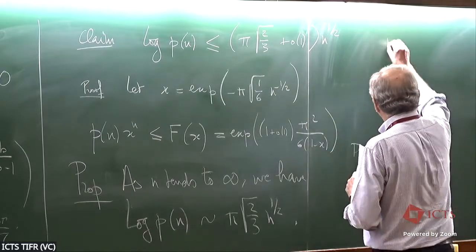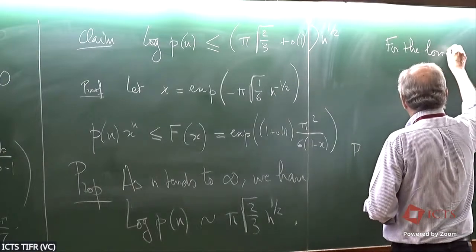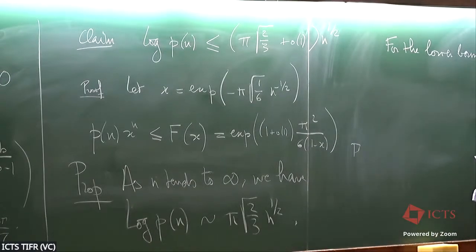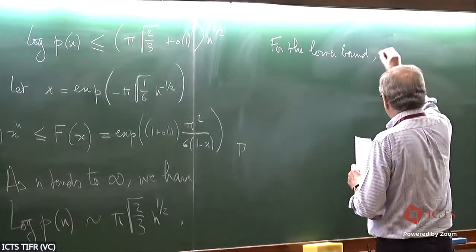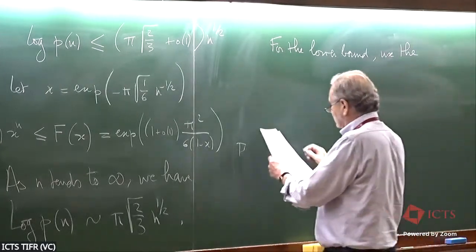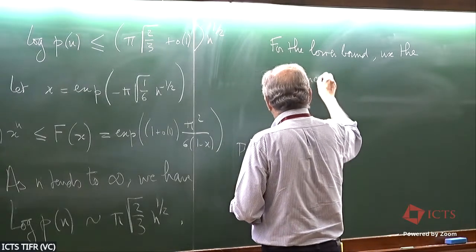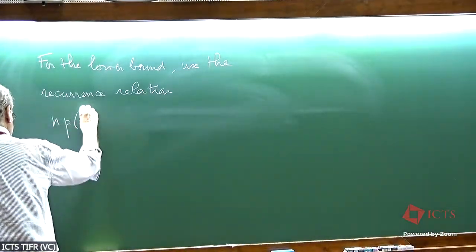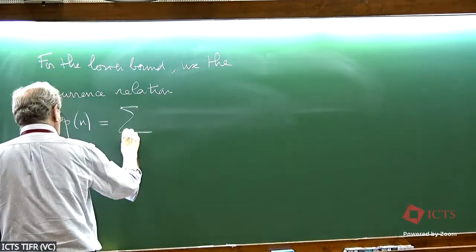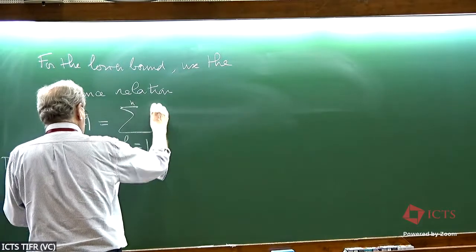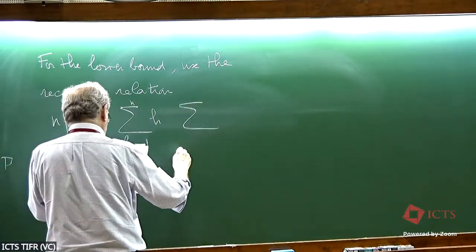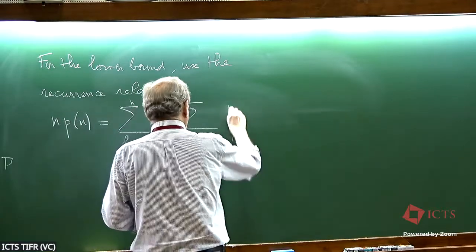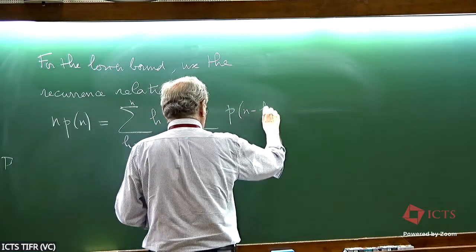So for the lower bound, use the recurrence relation n Pn equals the sum over h, times the summation when k is between 1 and n over h of P of n minus hk.